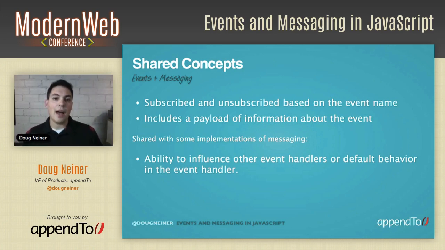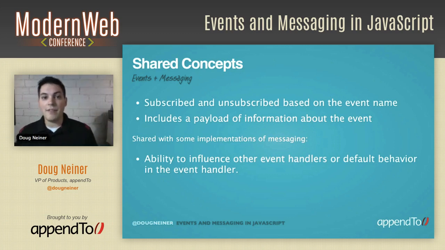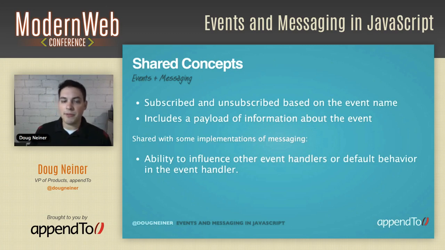We'll a lot of times call them topics if we're dealing with a message bus, or events with an event emitter, but it's going to be the same concept. They often include a payload of information, data, additional metadata about the event that happened. This is a common pattern, and a lot of times is why these events are fired, to give you that level of detail. So you might be able to find out which key was pressed on a key press.